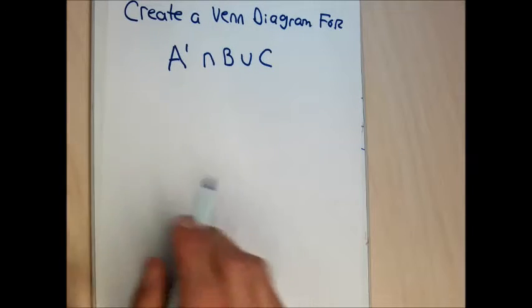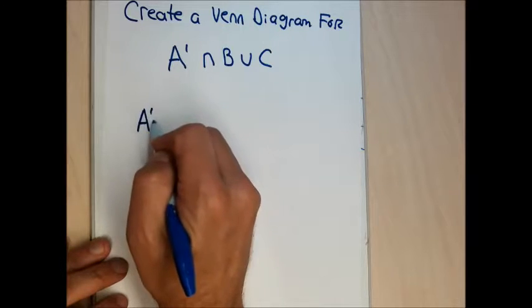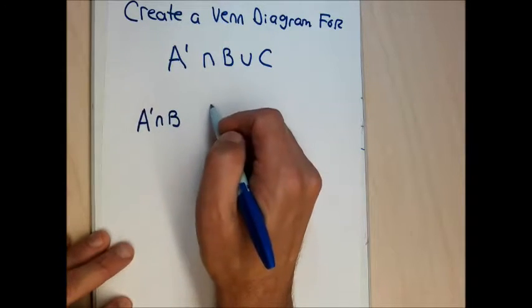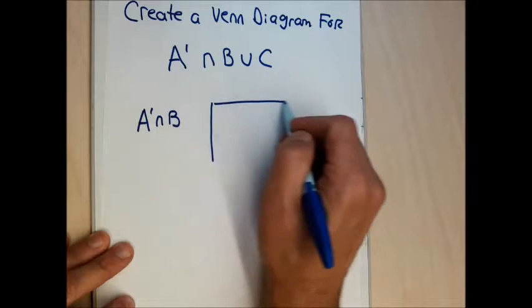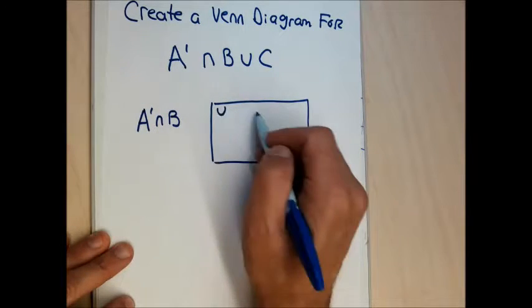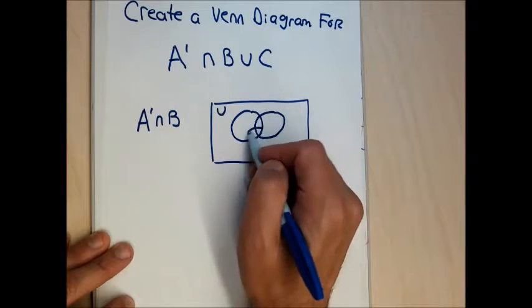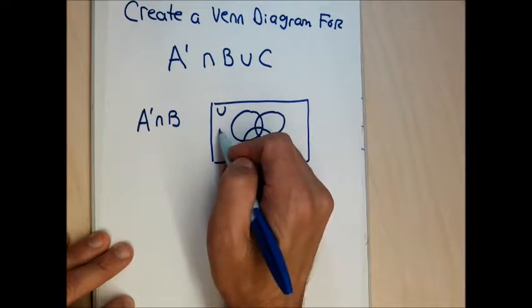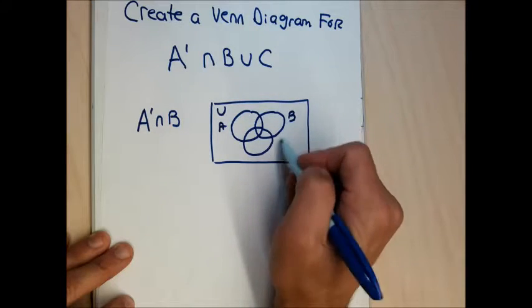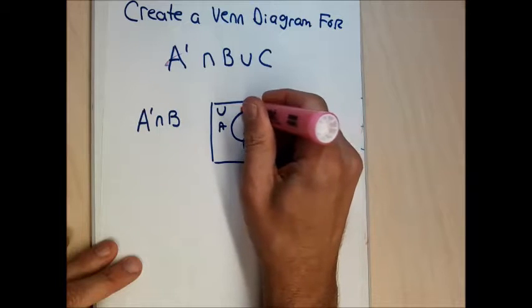So now I'm going to first represent A complement intersection B, and it's going to take me 2 steps to do that, but you might be able to do it in 1 step. So I'm going to draw my universal set with the 3 subsets. First I'm going to do A complement, and I might as well do it in pink because I have pink in my hand.